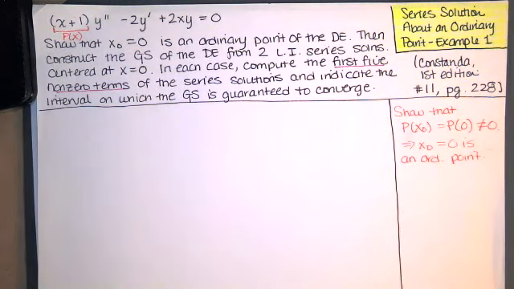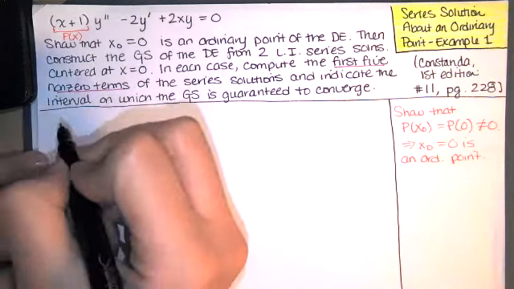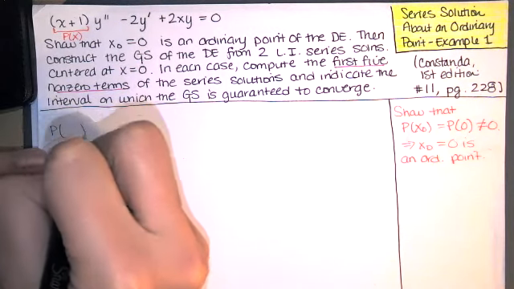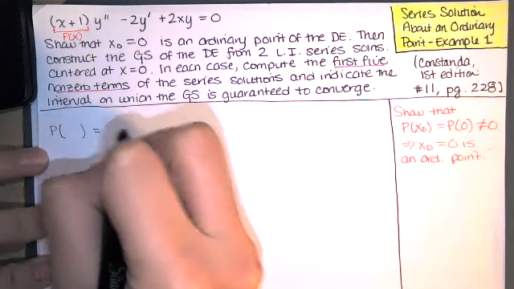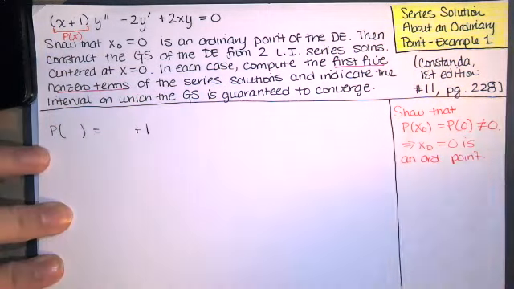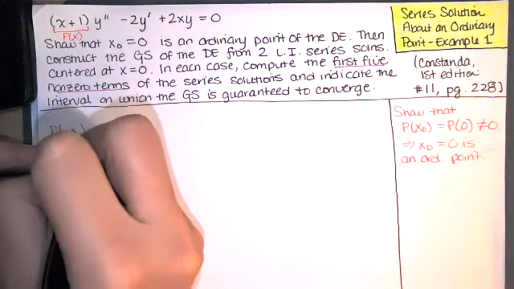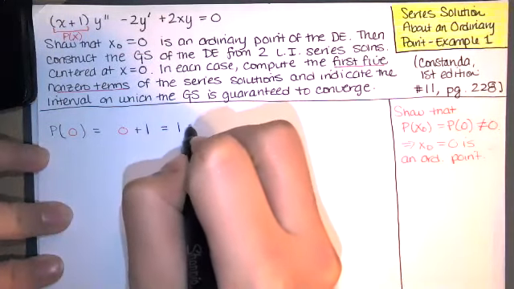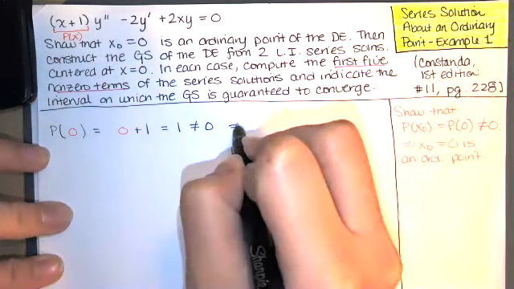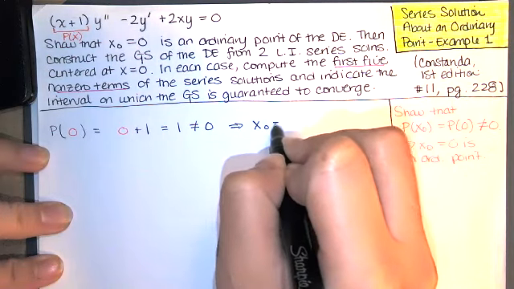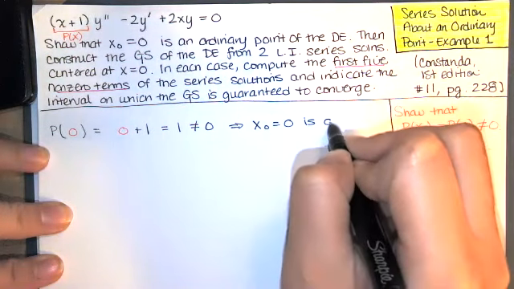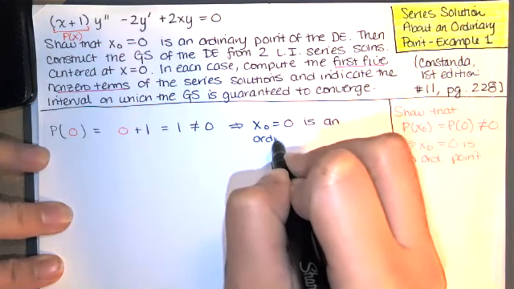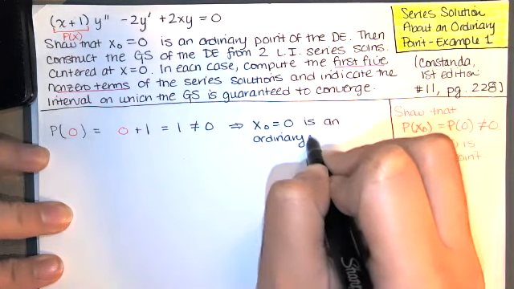This is almost too easy to show in a differential equations video, but for completeness, I will show my work. So we're evaluating p of x at 0. 0 plus 1 is 1, and that's clearly non-zero. So x naught equals 0 is an ordinary point of the differential equation.